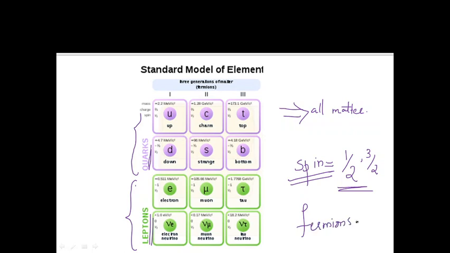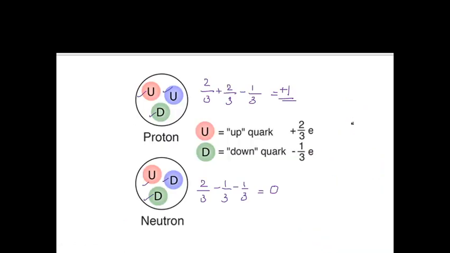So we can say that these quarks and leptons actually belong to a class of fermions. Now with quarks and leptons, we cover all the important elementary particles that actually constitute all the matter that we see in the universe. There are also other particles that are involved in the interaction between these particles.